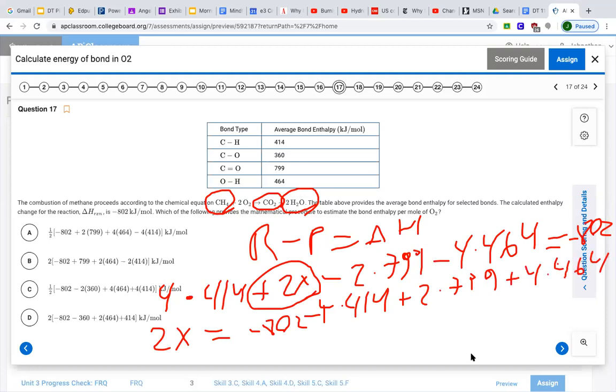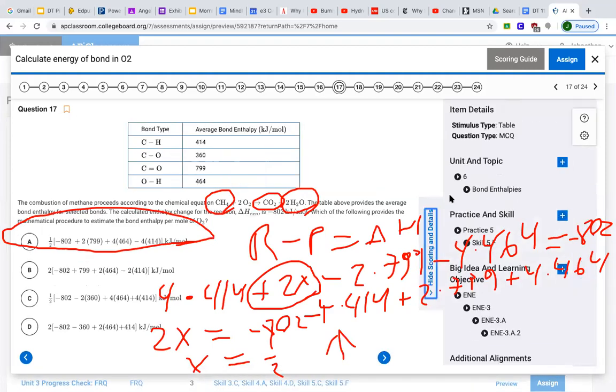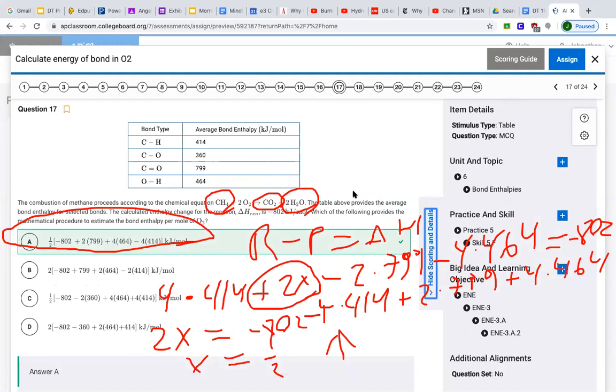Okay, and then you get x equals 1/2 of all of this, which is this thing, A. Any questions? Did I make any mistakes? All right, let's double check. Yeah, that's A. Okay, that's that.